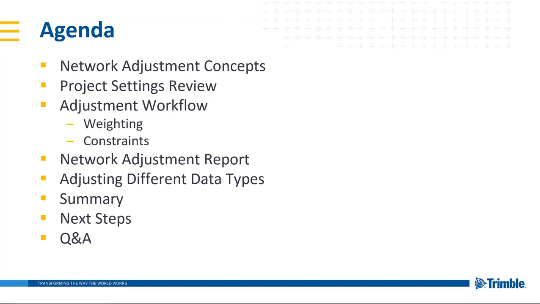We're going to be talking about the weighting and constrained versus unconstrained adjustments. We're going to be looking at elements of the network adjustment report that are more critical to us, and talk about what happens when you're adjusting different data types, when you have a mix of different data in TBC, and then provide some summary along with some next steps for those that are new to Trimble Business Center.